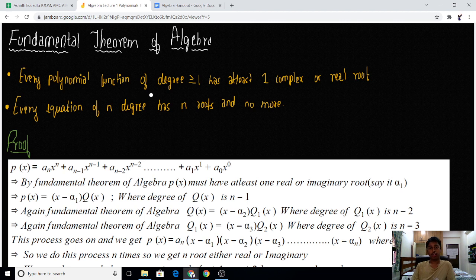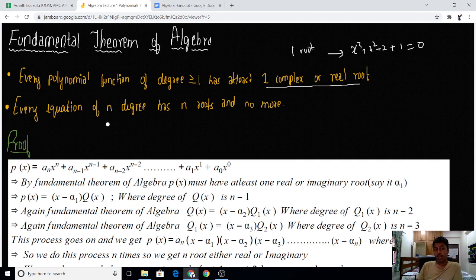So, every polynomial function of degree greater than or equal to 1 has at least one complex or real root. So if I have an equation x cubed plus x square plus x plus 1 equals to 0, then by fundamental theorem of algebra, this equation has at least one root.